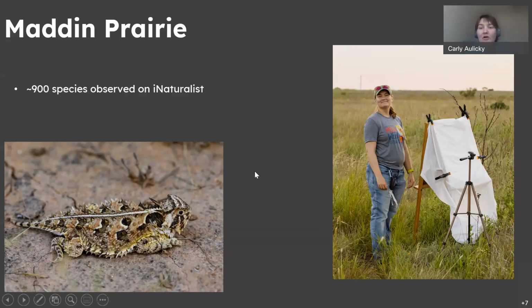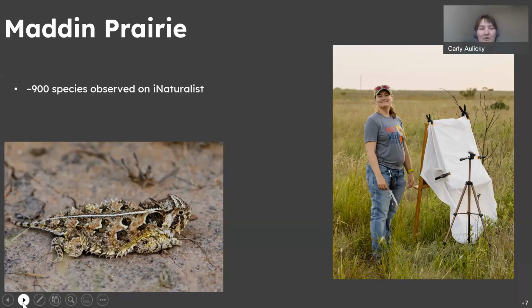So you can imagine how excited I am to see years of restoration work produce over 300 species observed, including the Texas horned lizard, which is, as many folks know, a species that is under conservation concern within the state and throughout most of the state. So it's really exciting to be able to see them protected on this prairie property.